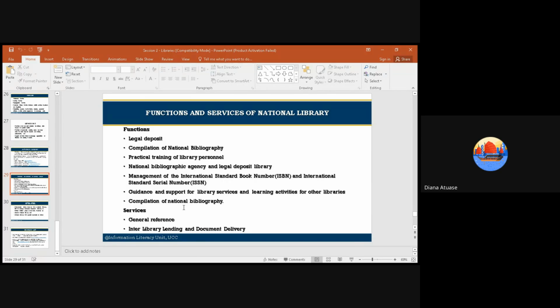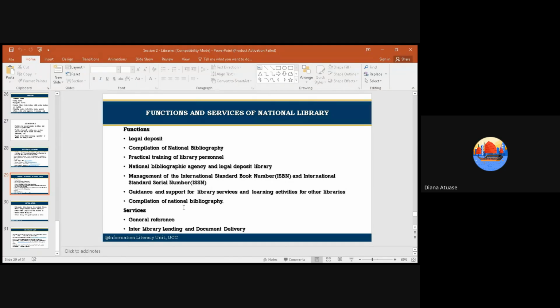The same thing applies to books. If you want to check whether a particular book is authentic or produced in Ghana, the National Library provides the international book number for publications in Ghana. So they manage that, they provide the international book number for books that are published in Ghana.